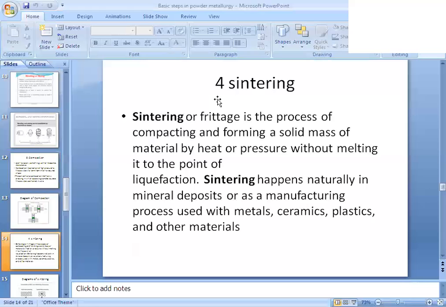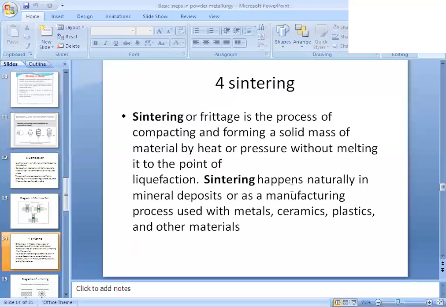You have to give heat up to the point just before melting; the metal powder material you use should not melt. You have to achieve that point, then only you will get proper sintering. That is what we call the finally finished product.